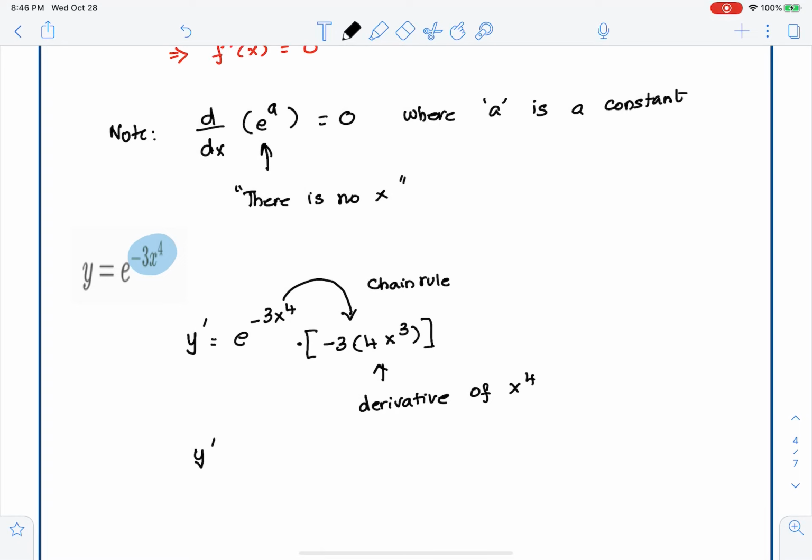So y prime would be e raised negative 3 x raised 4 multiplied by negative 12 x cubed. So we can write that as negative 12 x cubed e raised minus 3 x raised 4.